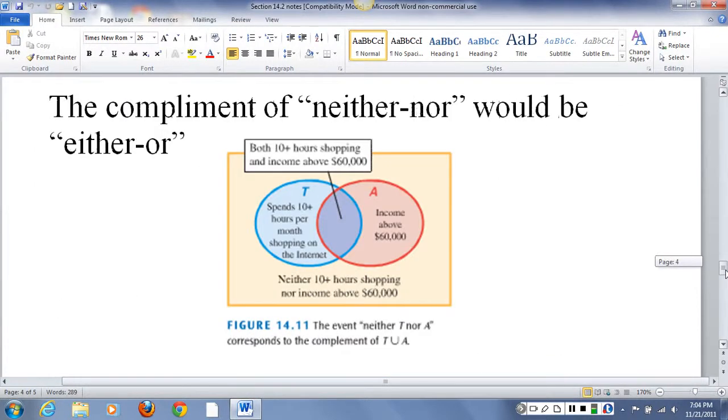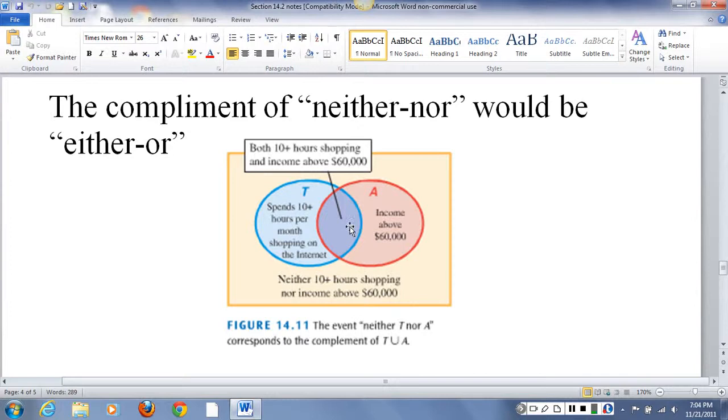Or here's the graph from the book. If you look at it in terms of a Venn diagram, if T represents the time people who spend more than 10 hours per month shopping on the internet, and A represents incomes above 60,000, neither nor would be everything that's not inside the union here.